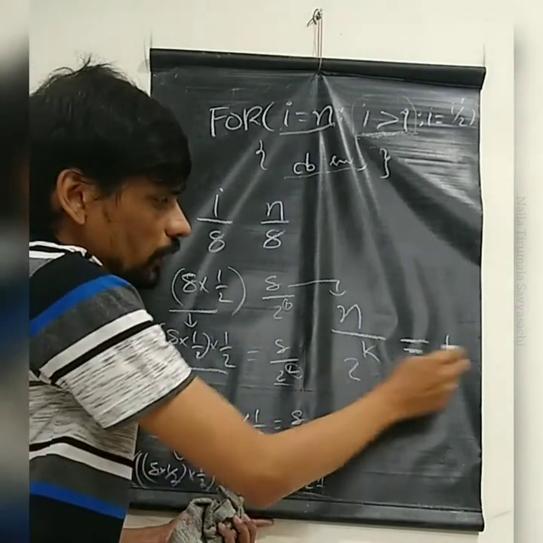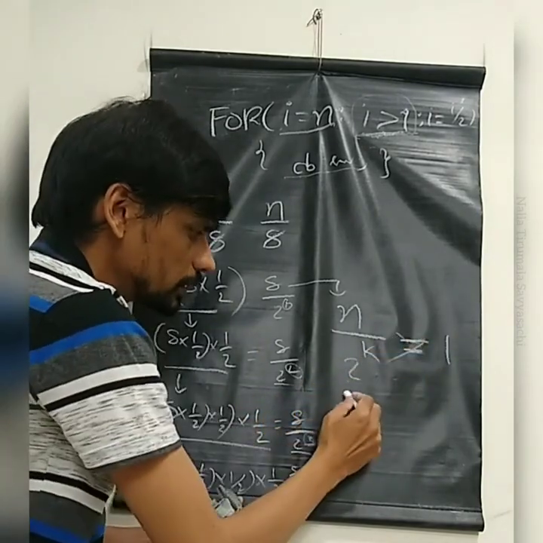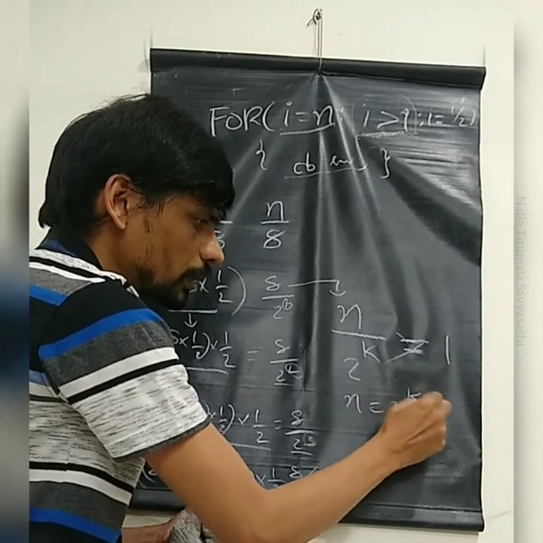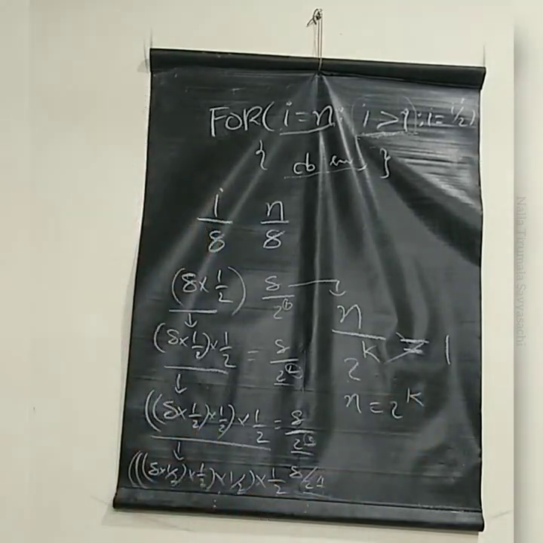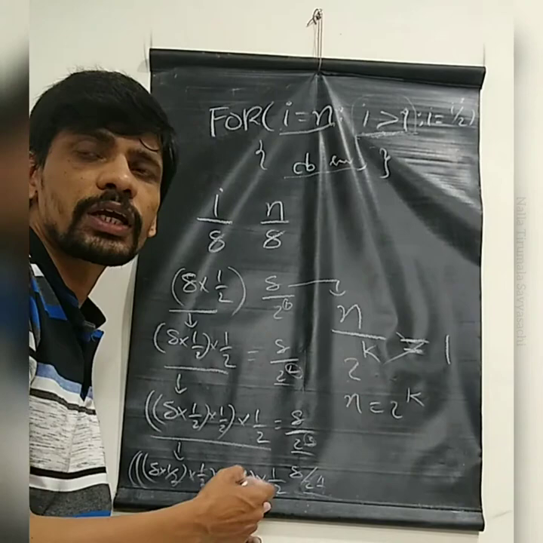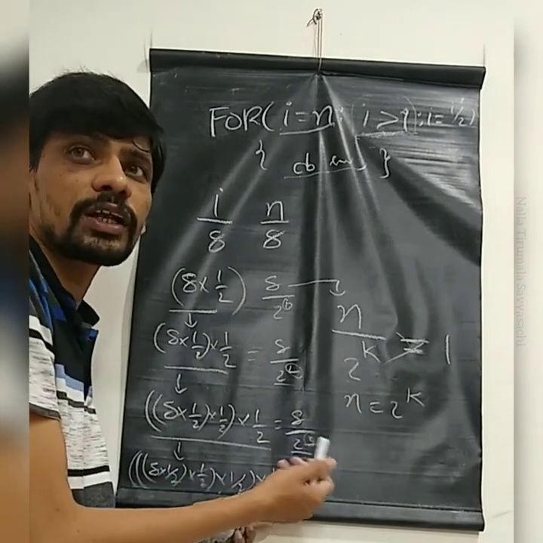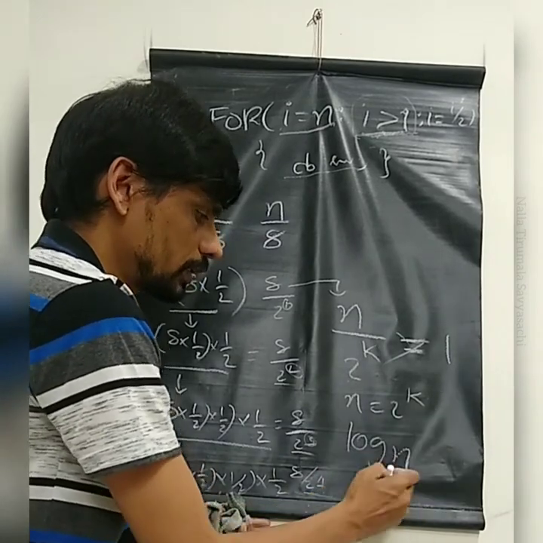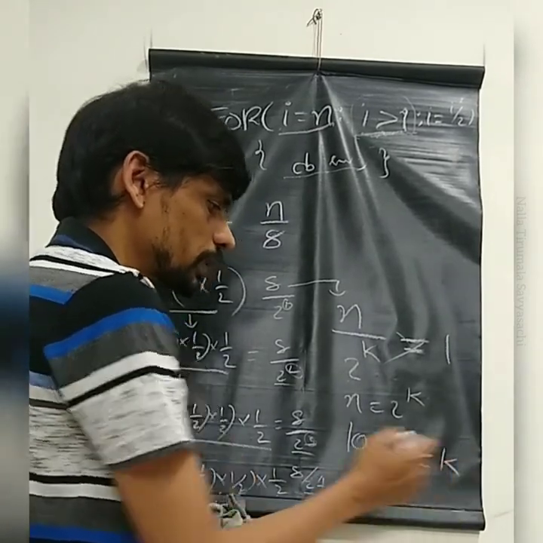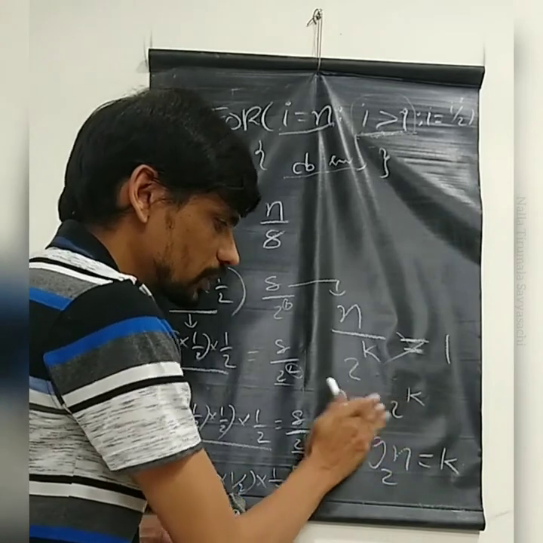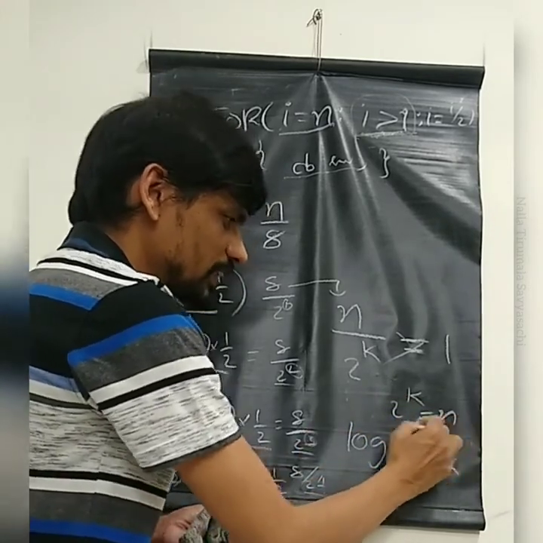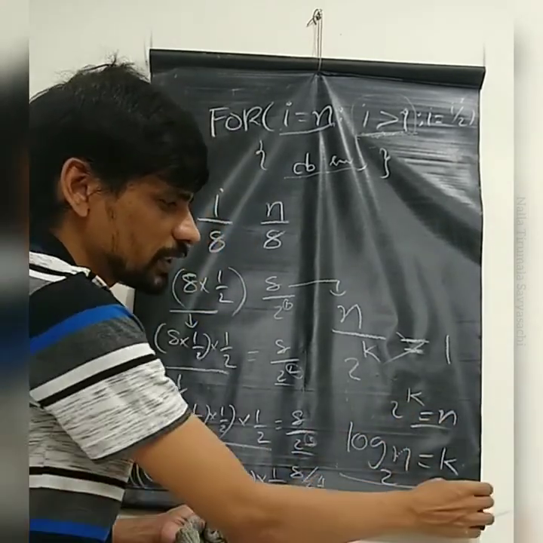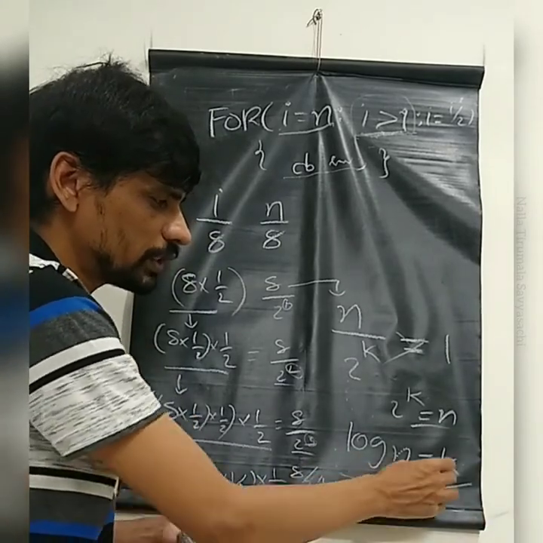So n equals 2 power k, which can be represented in logarithm fashion: log n base 2 equals k. If you are confused, 2 power k equals n can be represented as log base 2 n equals k.